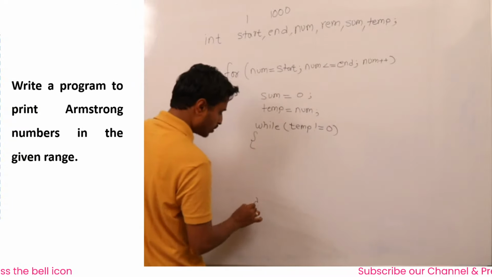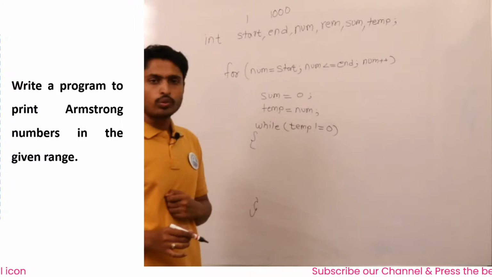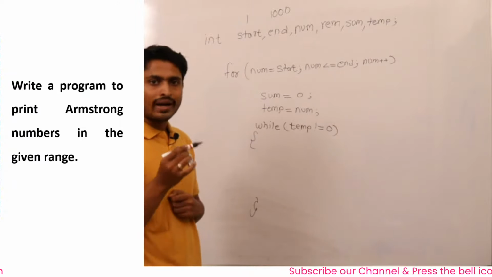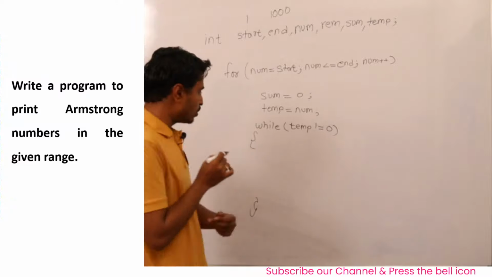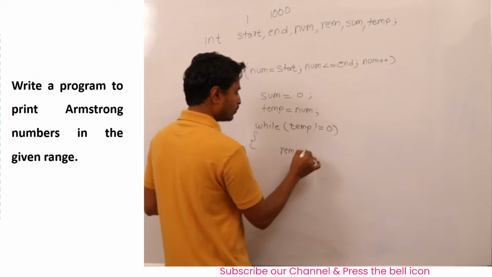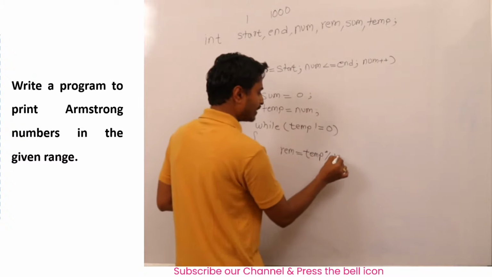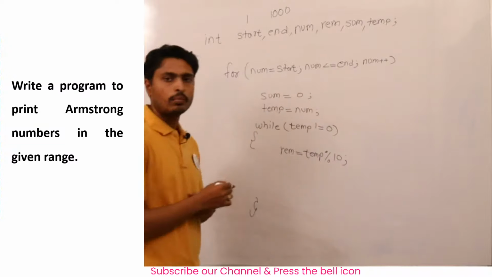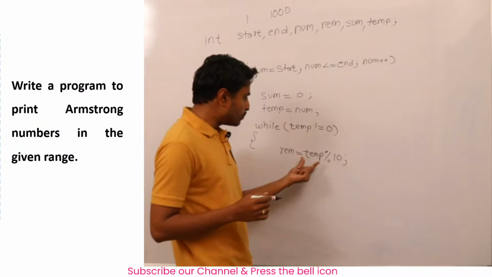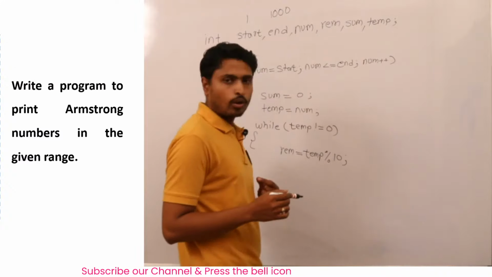We'll put this in curly brackets. First of all, what we have to do is identify the remainder. So remainder is equal to temp mod 10. Because of this, we'll get the remainder out of it.